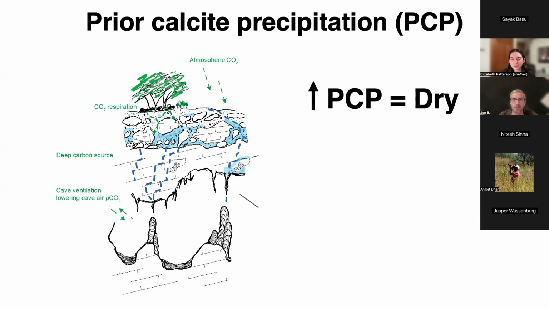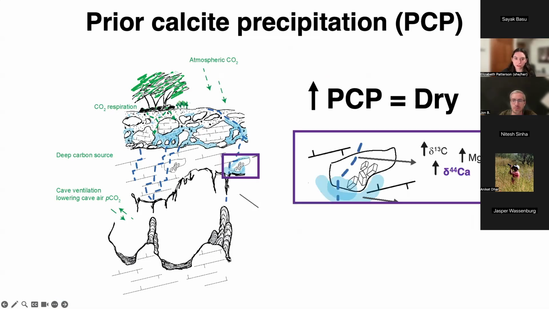Prior calcite precipitation is any calcite that precipitates out of the drip water as it's moving through the karst, either in the epikarst above the cave or on the cave ceiling, before the drip water is precipitated into a stalagmite. So what goes on is you have water infiltrating through some karst, you have some sort of precipitation event.